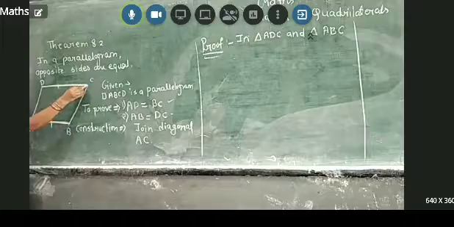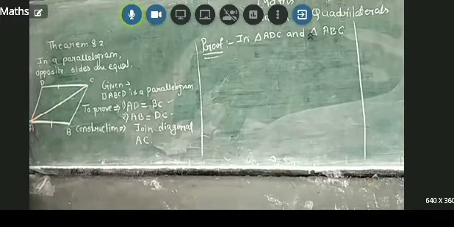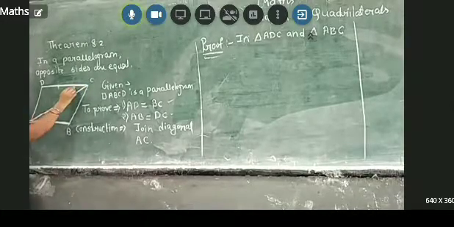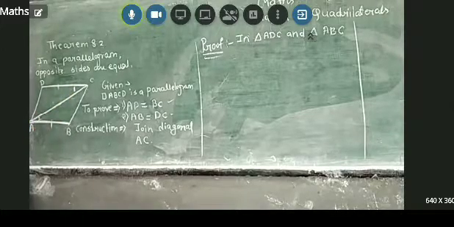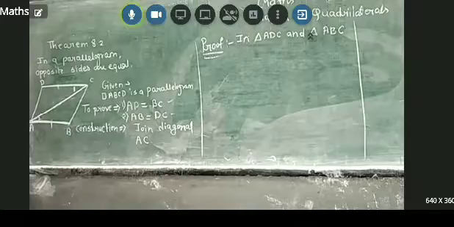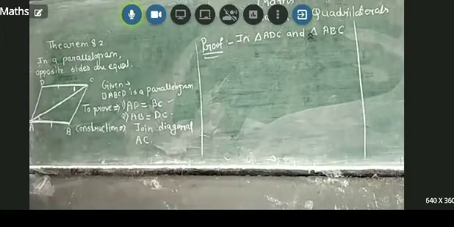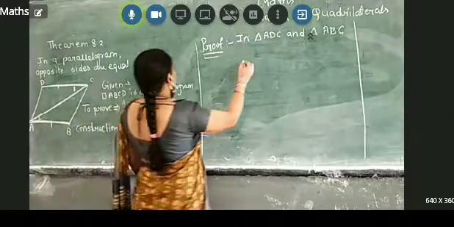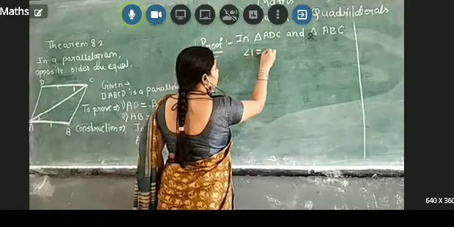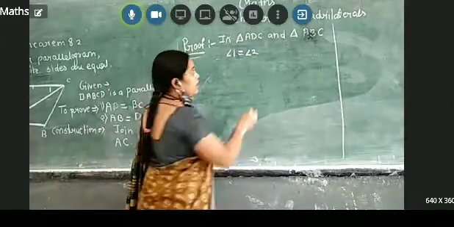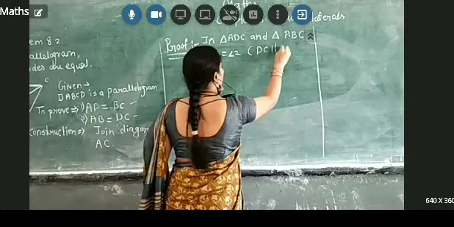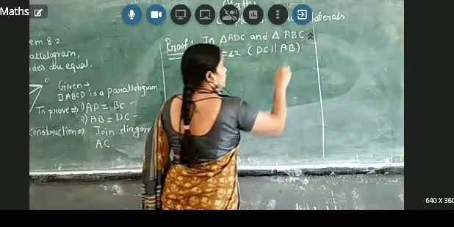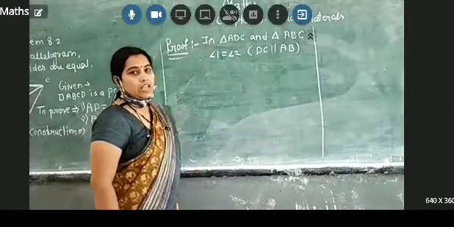See here, this and this. You can see Z is forming over here. So Z means which angle? Alternate interior angle. And alternate interior angles are equal when sides are parallel to each other. So here we can write that angle 1 is equal to angle 2. Why? Because DC is parallel to AB, right? And AC is transversal.